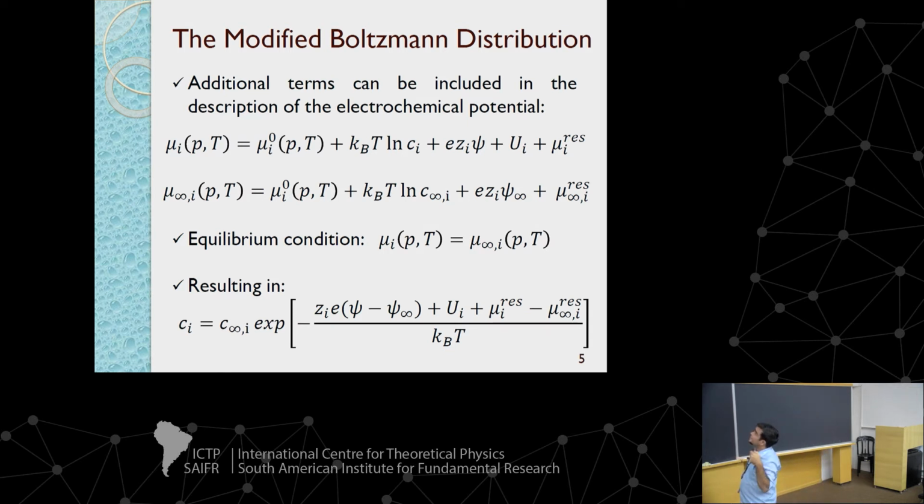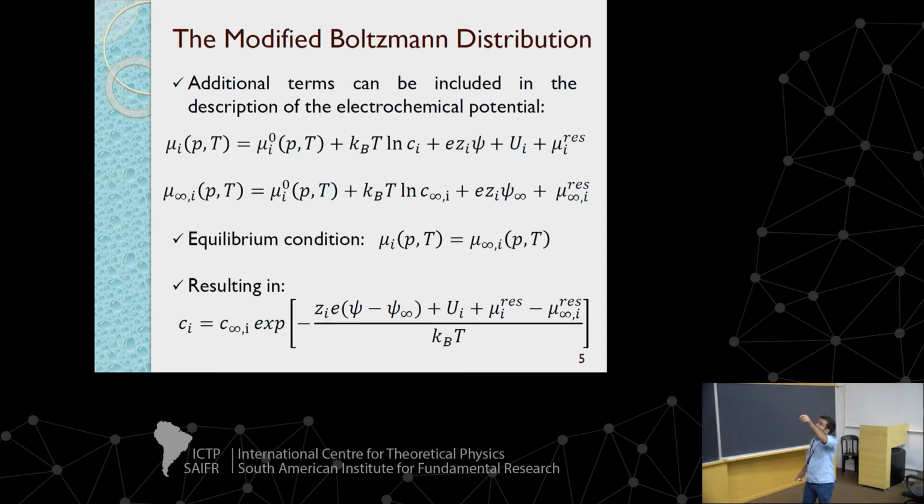Actually, this classical model that we used yesterday, we wrote until here, considers that the only non-ideality of the system was due to the ion charge, okay? Except for that, we are considering an ideal solution.